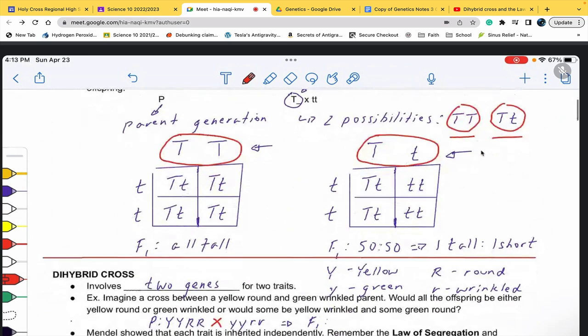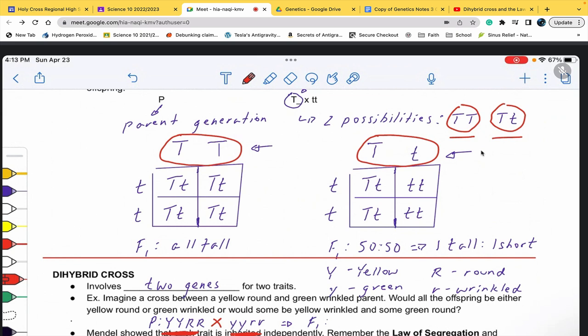And we're going to imagine a cross between a yellow round parent, which is homozygous dominant, and a green wrinkled parent, which is homozygous recessive. So it's these 2 here, the homozygous dominant and homozygous recessive. And predict what the F1 generation is.